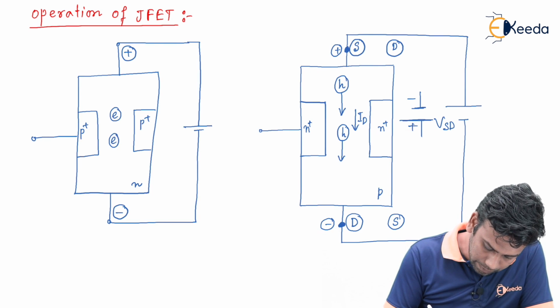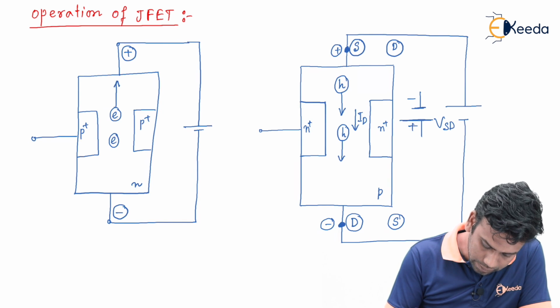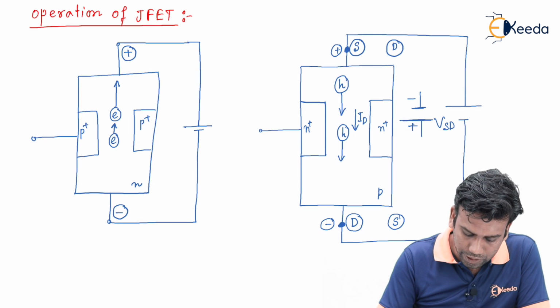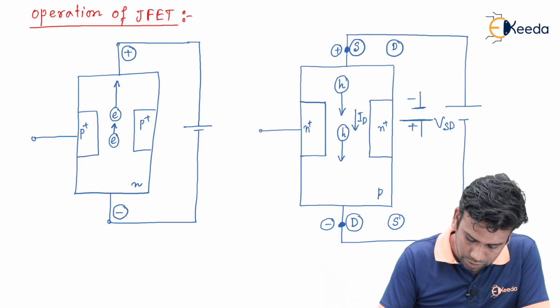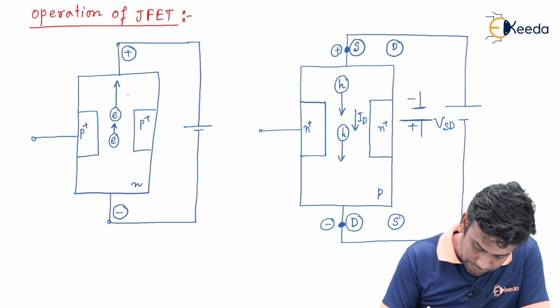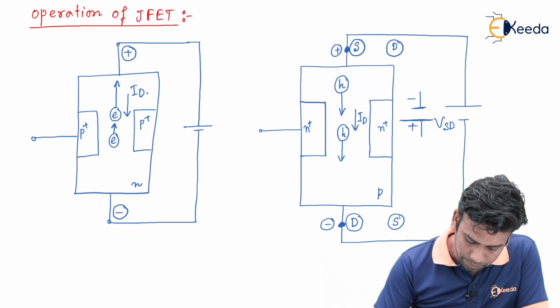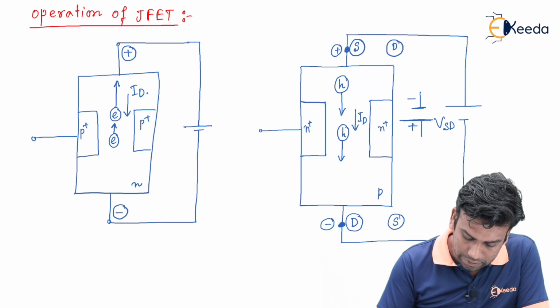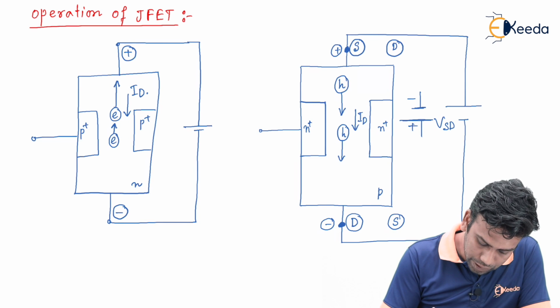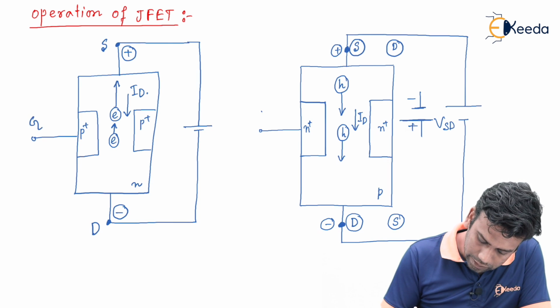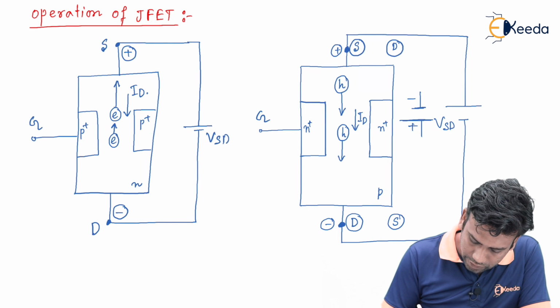These electrons will be attracted towards the positive terminal, so they will be moving in the direction of the positive terminal. Due to this movement of electrons, we will get a current in the opposite direction and we will name that current ID. So here ID will flow from the positive terminal to the negative terminal, and this terminal will be termed the source terminal and this is the drain terminal. Similarly, this is the gate terminal, and this is VSD.